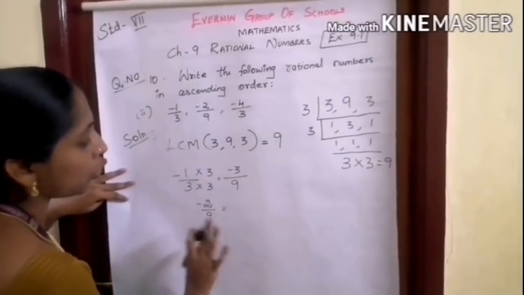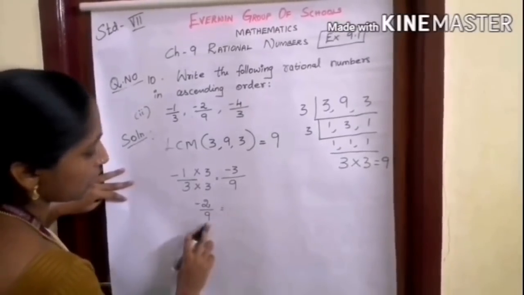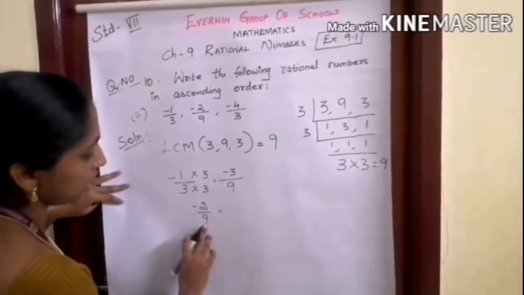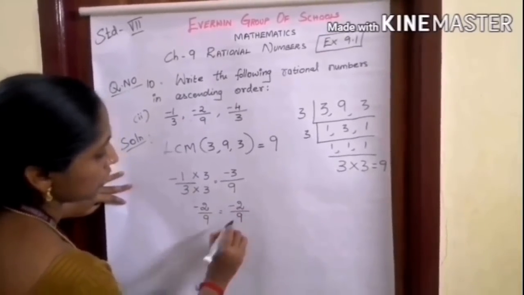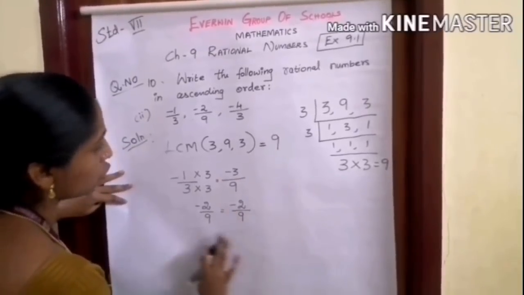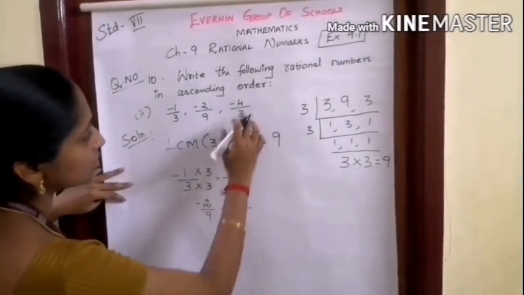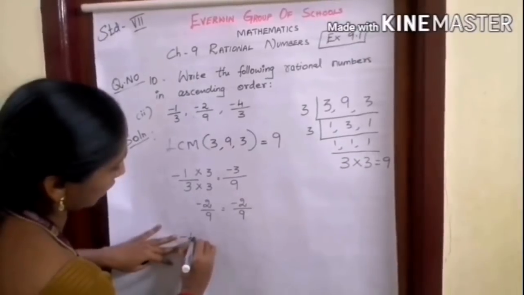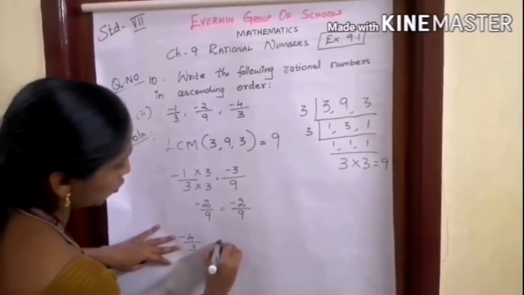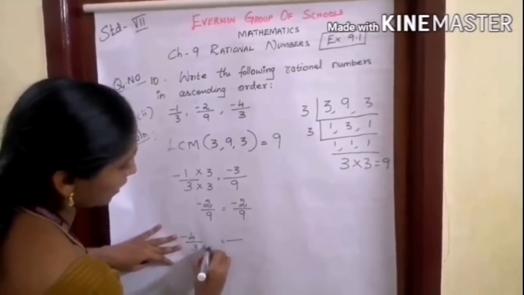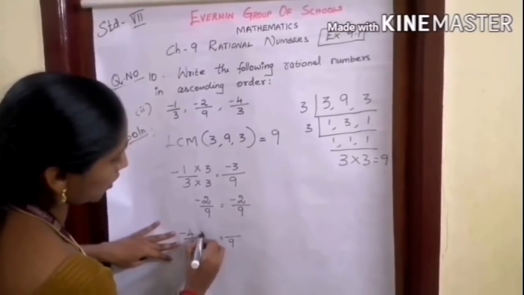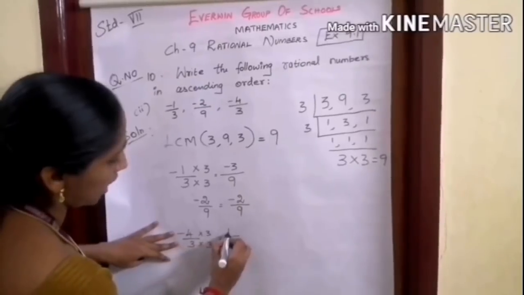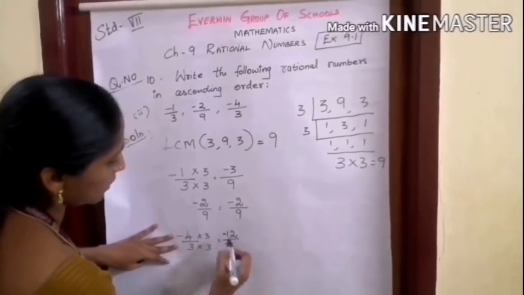Here we need not change, because the denominator is already 9. So minus 2 by 9 is minus 2 by 9 only. Next, minus 4 by 3. 3 multiplied by 3 becomes 9. So 4 3s are 12, minus 12.